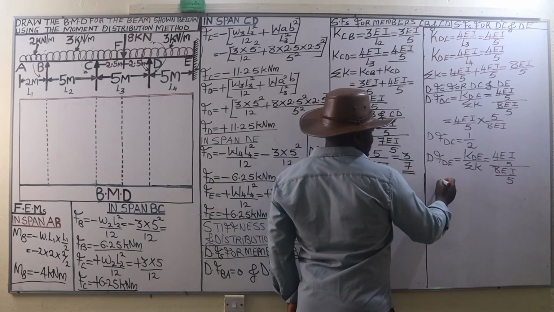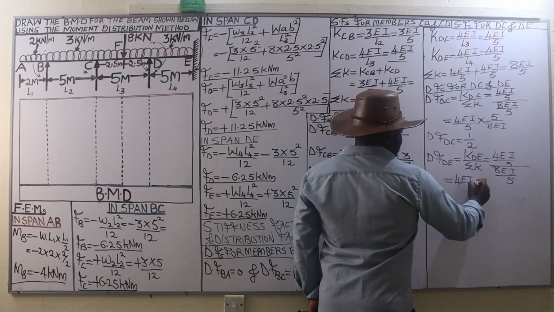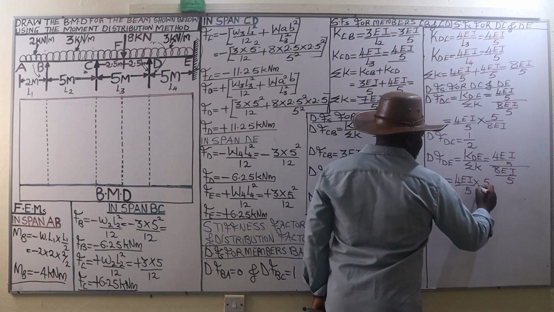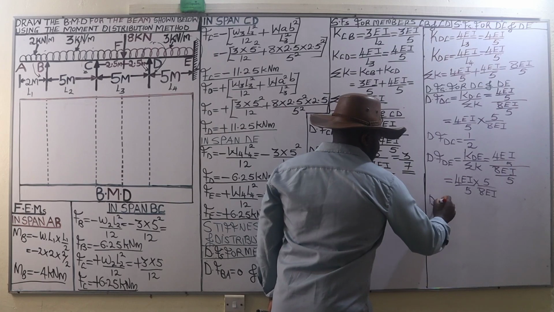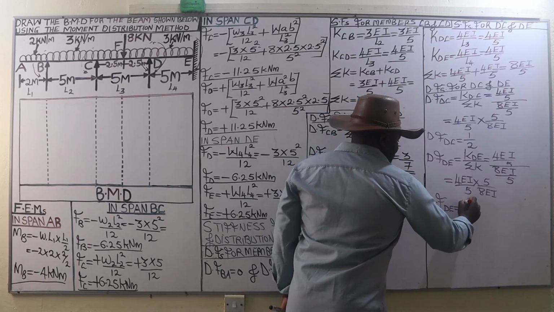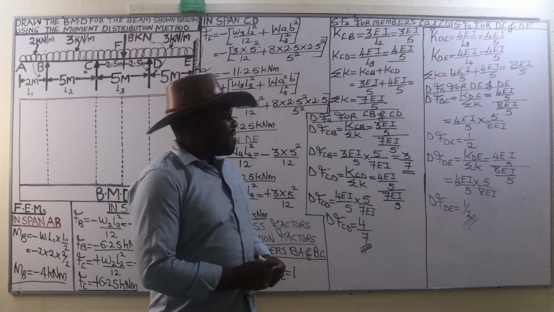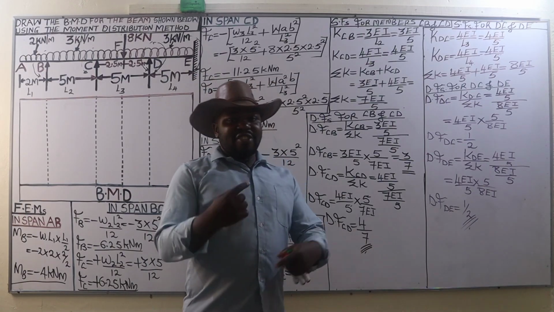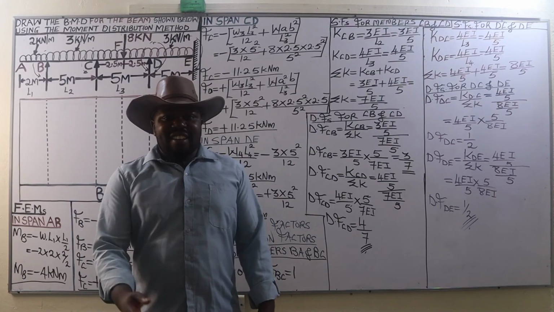So we have 4EI over 5 times the reciprocal, 5 divided by 8EI. And when we do that, we get a distribution factor for member DE equal to 1 over 2. So, ladies and gentlemen, we now have everything we need to fill our distribution table. Join me in our next episode.